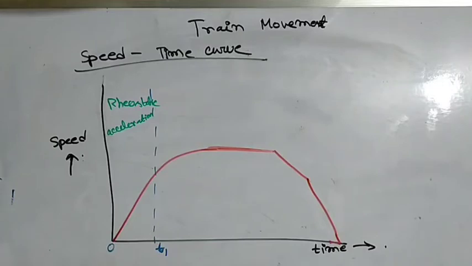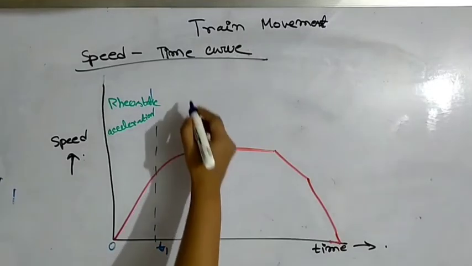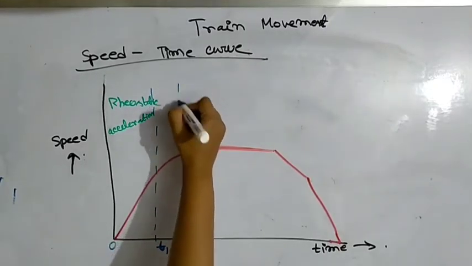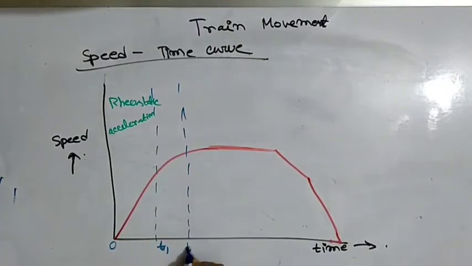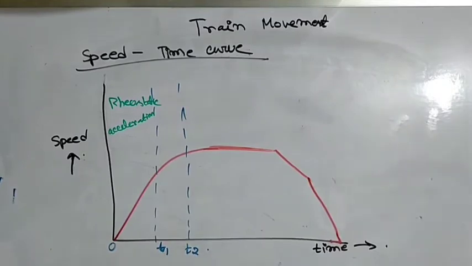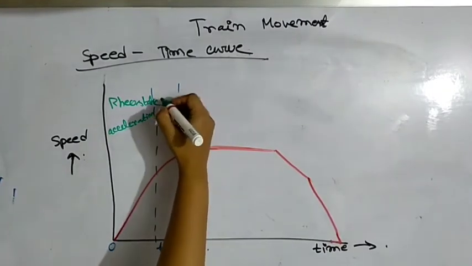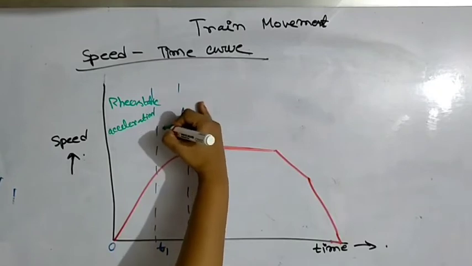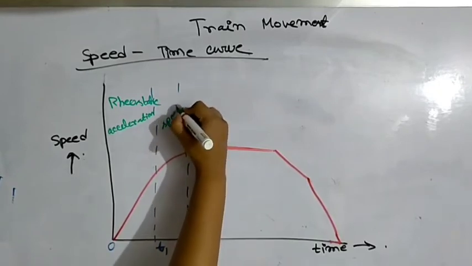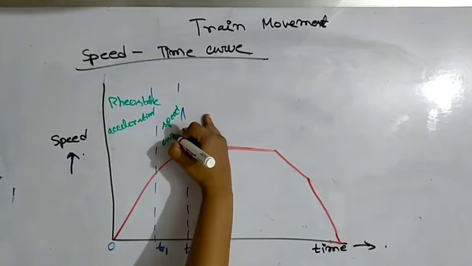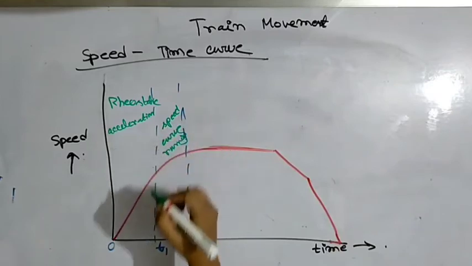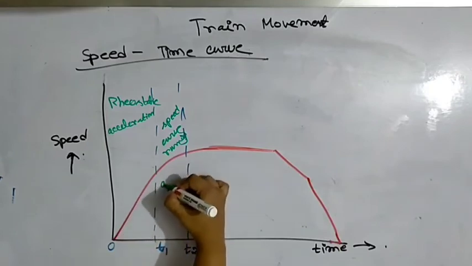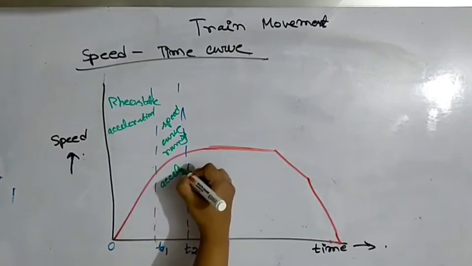Next is the acceleration on the speed curve, T1 to T2, or we can say speed curve running. This is the acceleration.